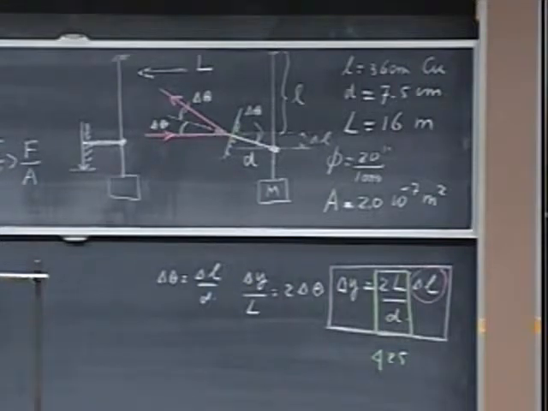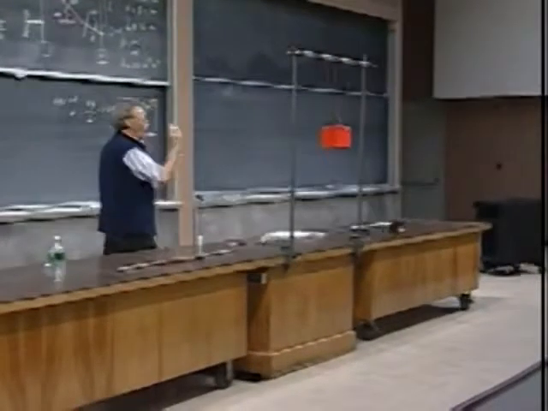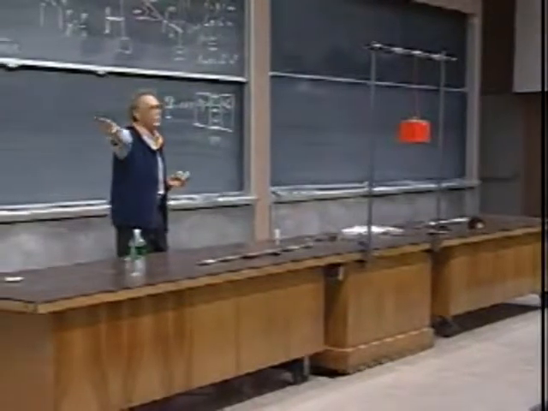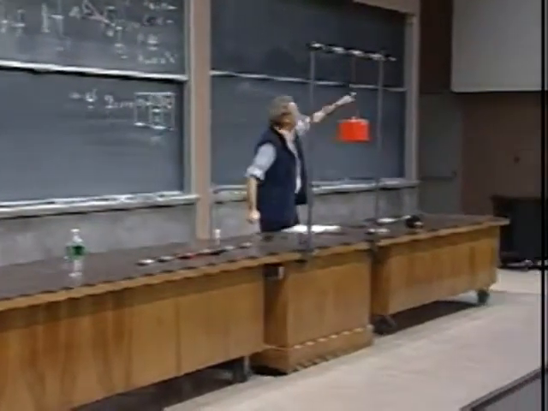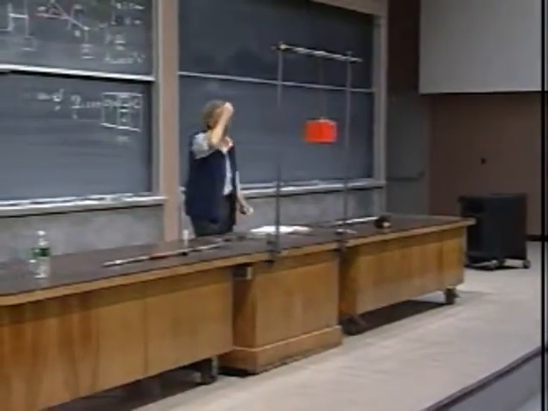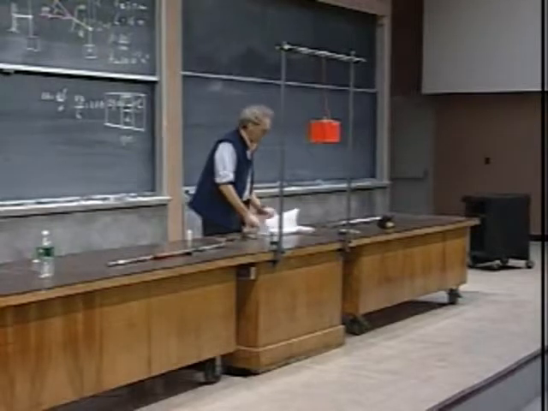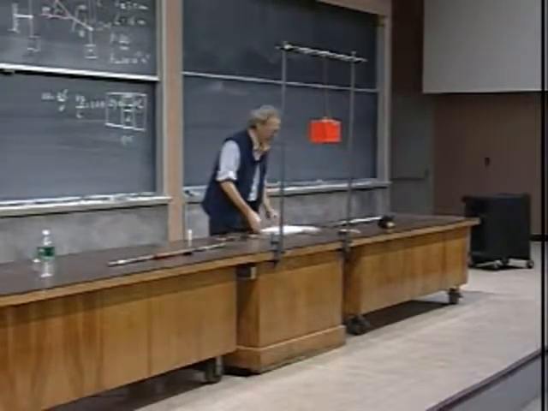So if we see a displacement of that laser beam on the wall of 40 centimeters, which is easy to see, it means that the wire got longer by only 1 millimeter. And if we would see that laser beam go up 4 meters, it would mean that the wire would only have become 1 centimeter longer. So it is a wonderful way to magnify the effect and to measure it.